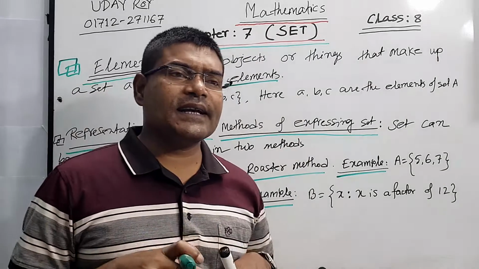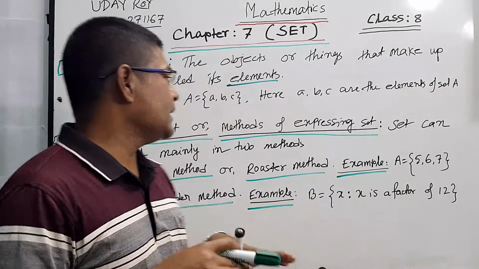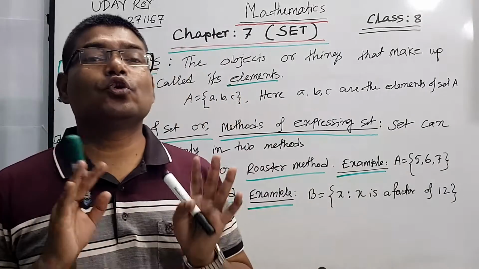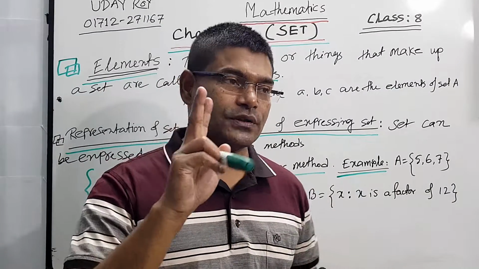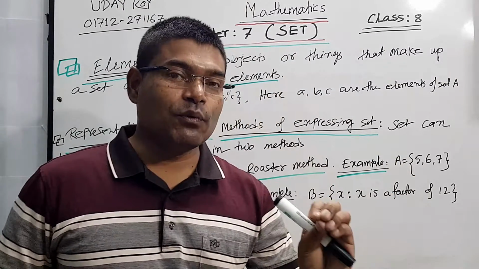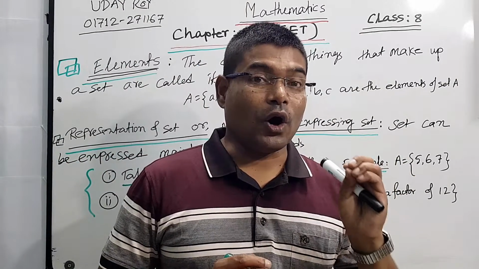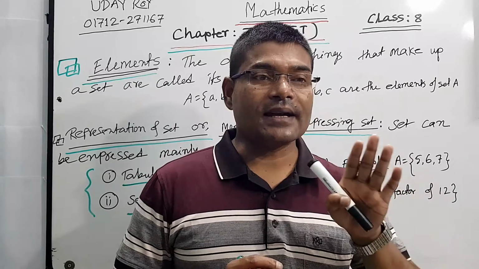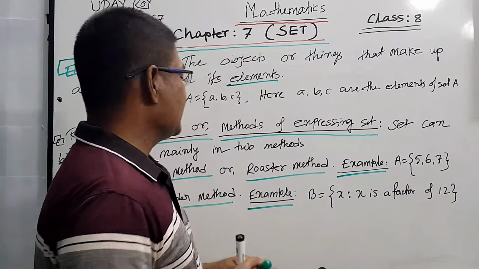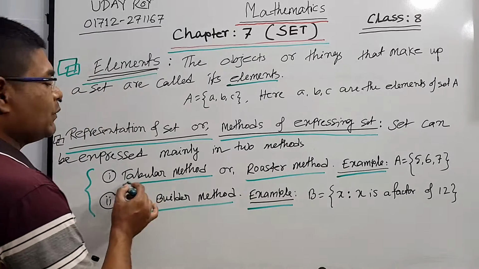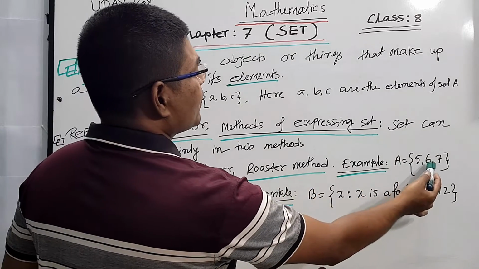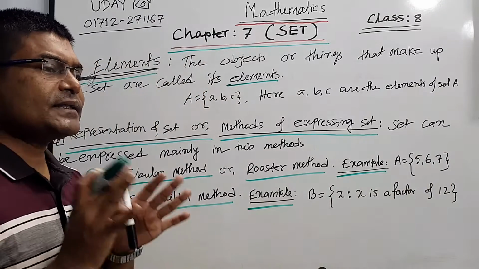Now, representation of set and methods of expressing set. There are only two methods. The first one is the tabular method or roster method, and the second one is the set builder method. First one is the tabular method or roster method. A equals {5, 6, 7}.